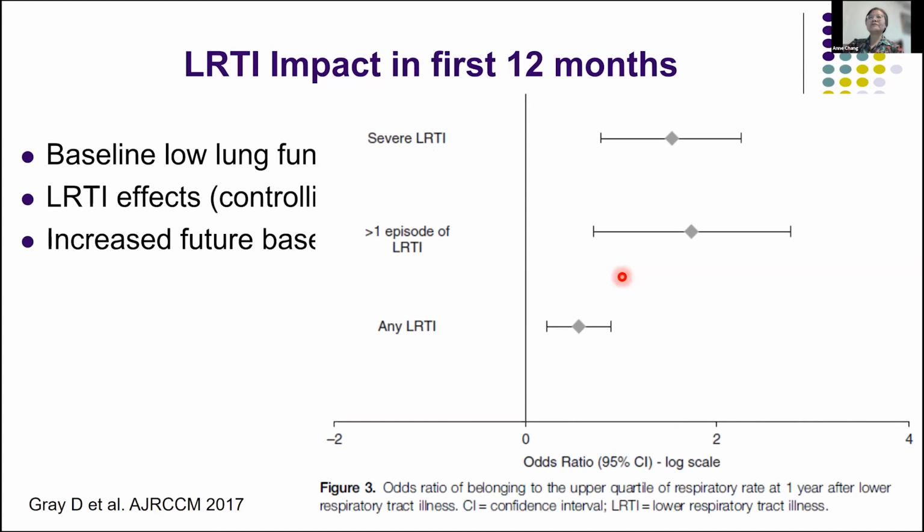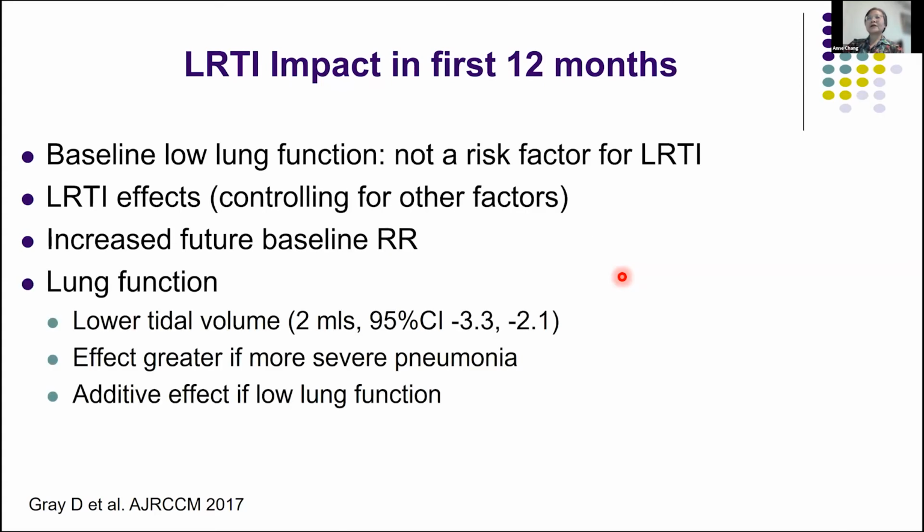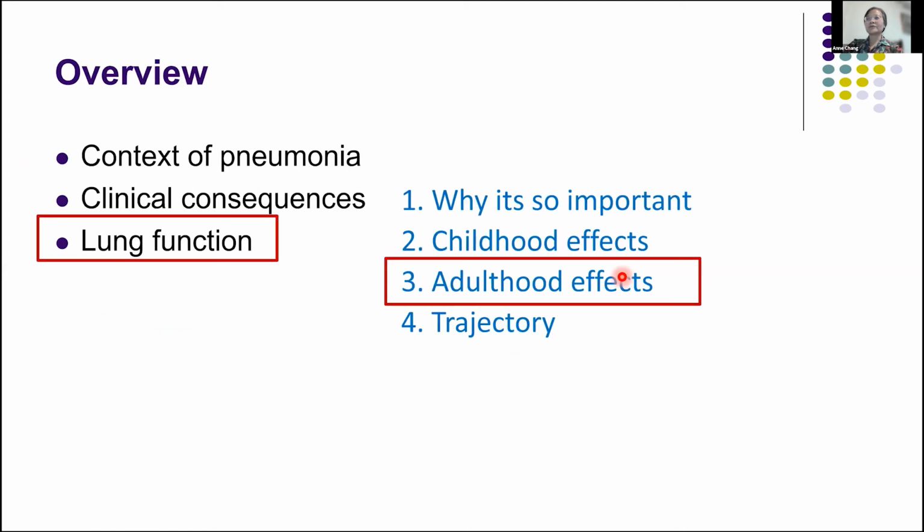They found that if you had an infection, you were more likely to have a higher respiratory rate, and the lung function was also affected. And the effect was greater if you had more severe pneumonia, which is similar to what we found, but the effect is also additive if you had low lung function to start. So this is a really important study, and I'm sure we'll get many more papers from Heather's group.